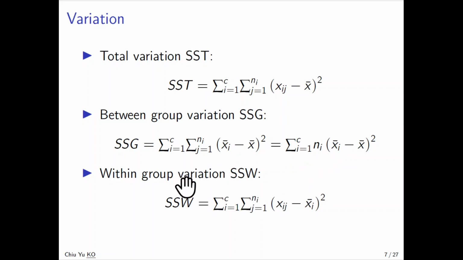Within group estimation is also a sum of deviations, but deviation from its own group mean, not the grand mean. Within its own group, what's the difference? Using SST, SSG and SSW, we can conduct the F test.